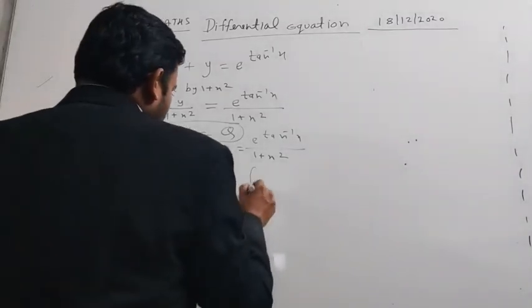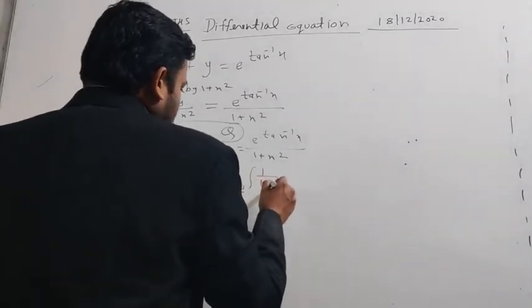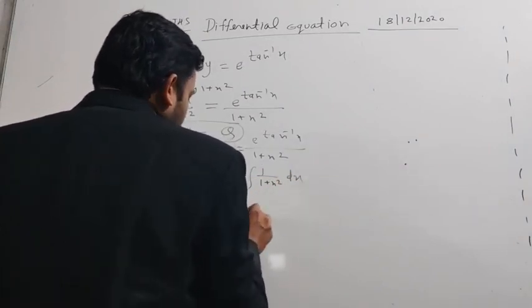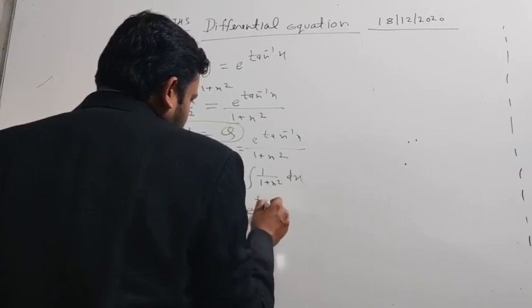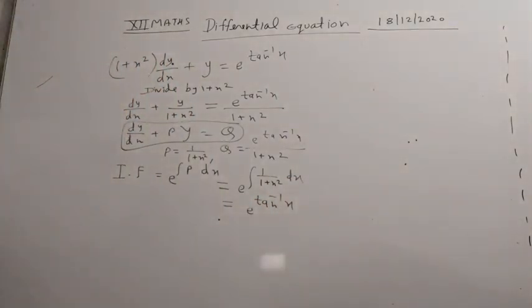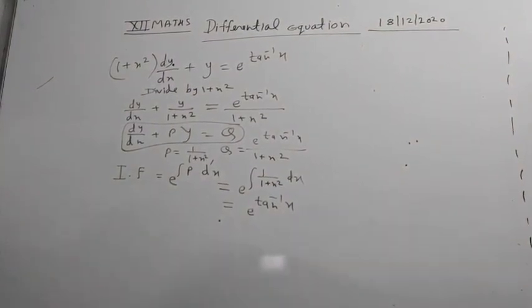So we write e to the power integral of 1 by 1 plus x square dx. Now this will be e to the power tan inverse x. So our integrating factor is e to the power tan inverse x.